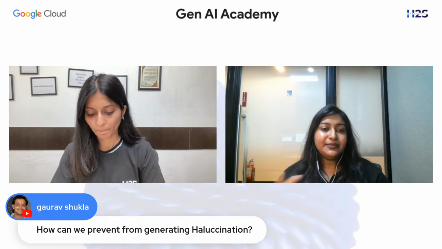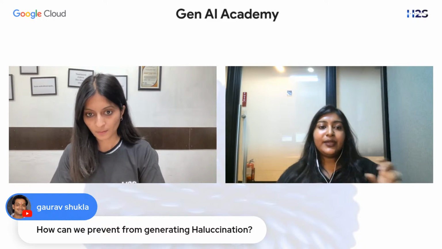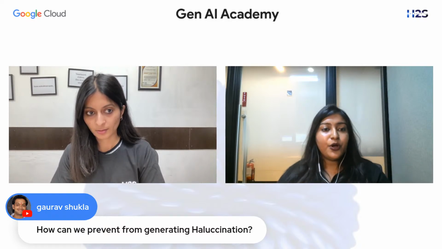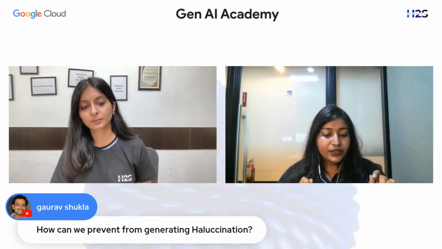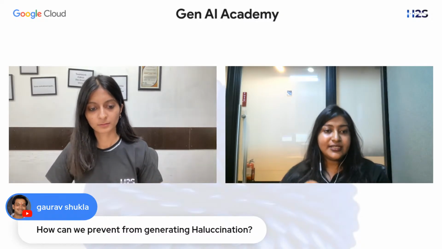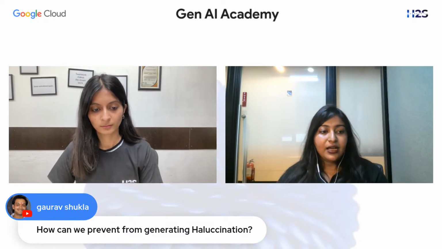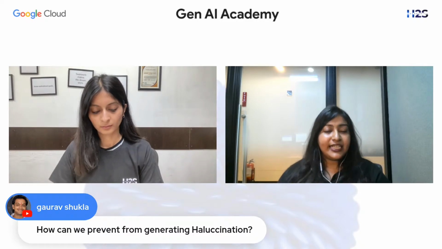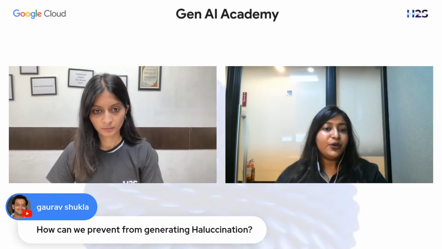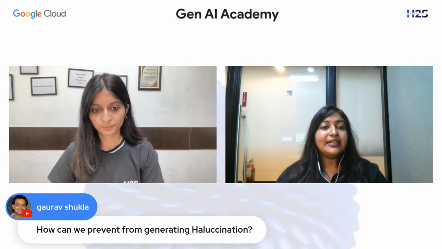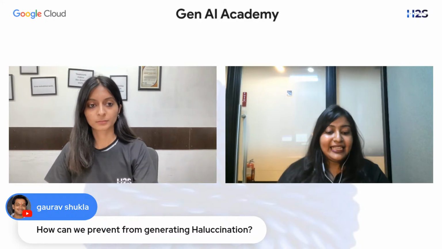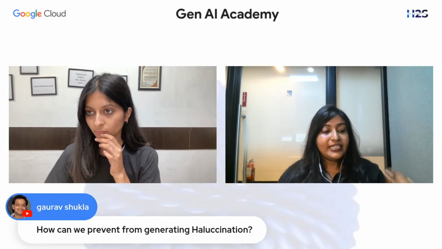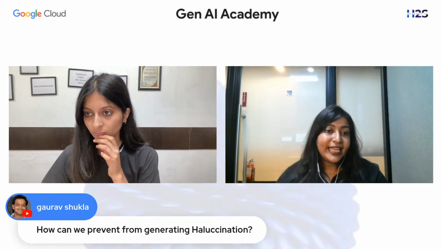Now, some best practices around that: as part of your prompt, you can mention, just stick to the instructions that we have mentioned in our prompt. Don't hallucinate, and don't give any responses just based on assumption. Just adding that particular instruction as part of your prompt would help.